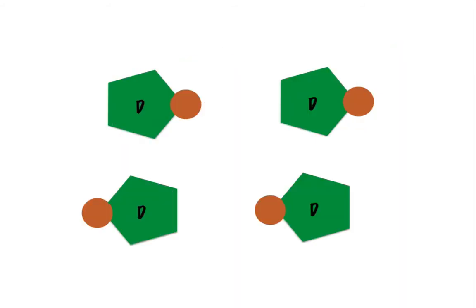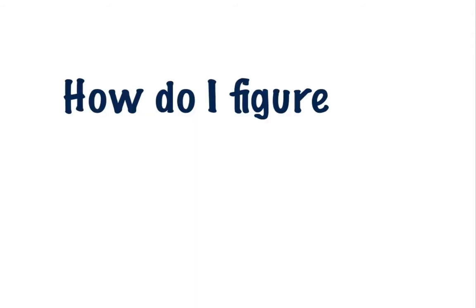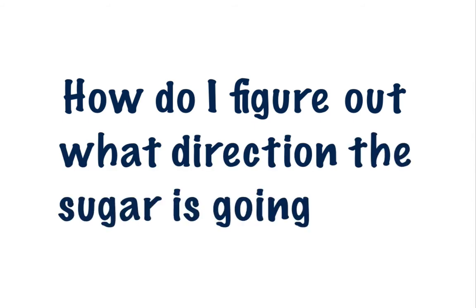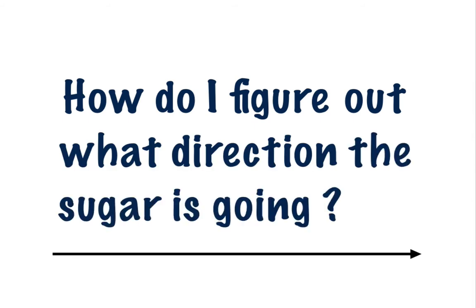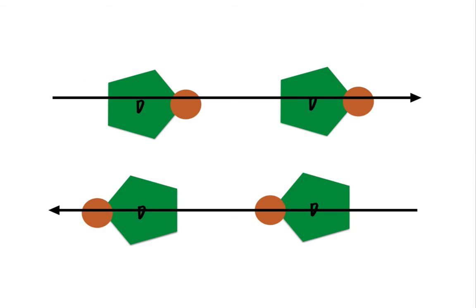Again, each strand is anti-parallel, going in different directions. The top one is going towards the right, and the bottom one is going towards the left. We want to take a closer look at these sugar molecules because we want to know how to figure out what direction the sugar molecule is going. Going left, right? How can I be more positive as to which direction they're going?